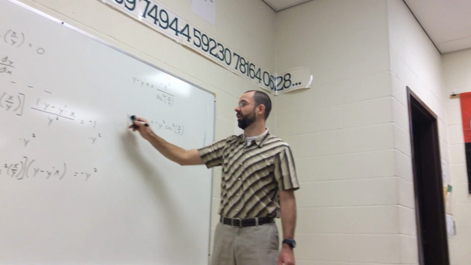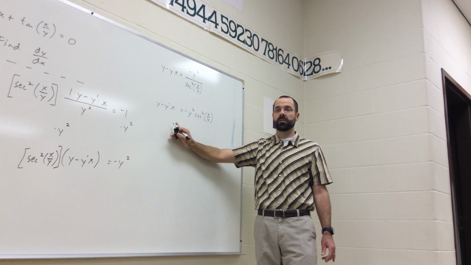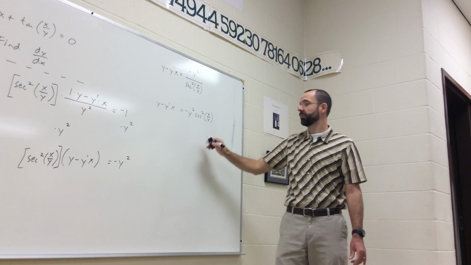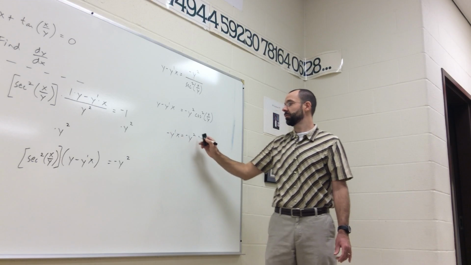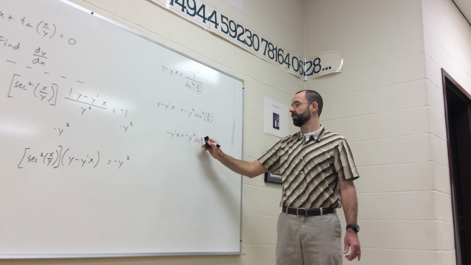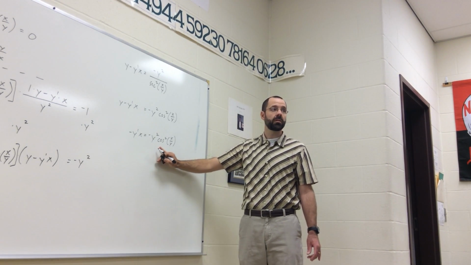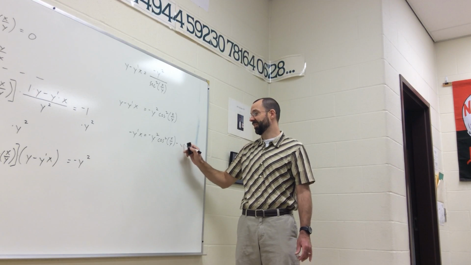So then I still have y minus y prime x over here. So to finish it up, I'm going to subtract the y. Oops, forgot to subtract the y.